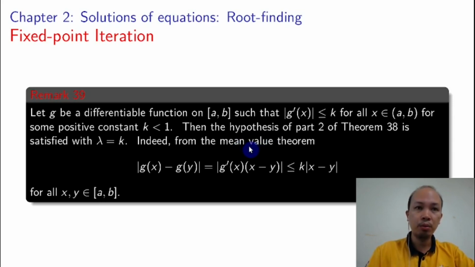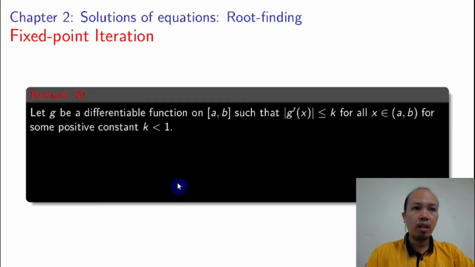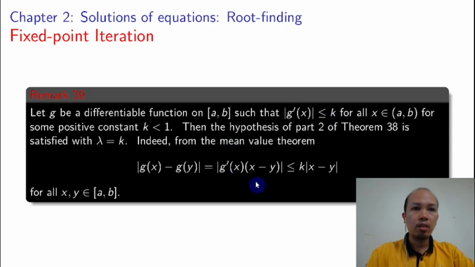When we have a review, please open your notes to chapter 1 about the mean value theorem. So in part 2 of Theorem 38, you can replace your lambda by k, as long as the absolute value of the first derivative of g for all x in the open interval (a, b) is less than or equal to k. By the mean value theorem, I know that you are familiar with this one.